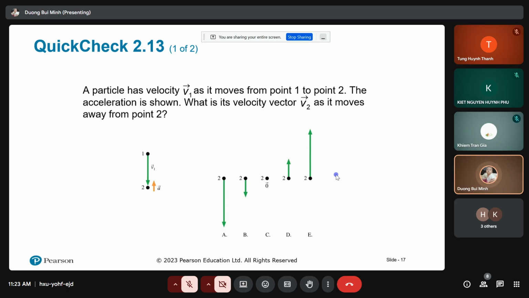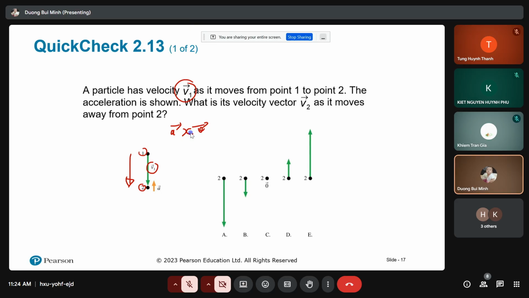A particle has the velocity v1. Okay, so v1 is going down. When it moves from point 1 to point 2, the acceleration is shown here. Okay, so the vector of acceleration is opposite to the vector of velocity, right?